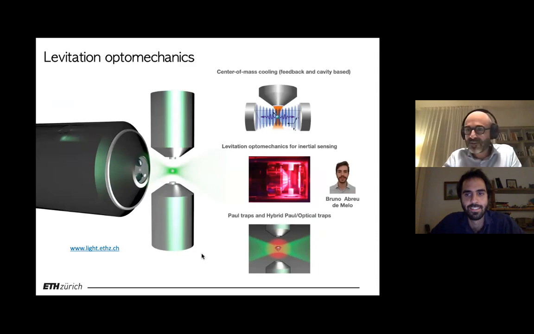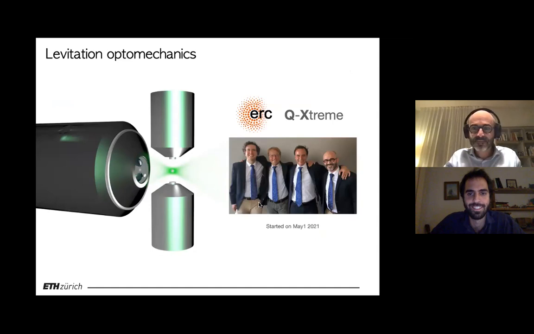He's doing a great job, I must say, and he's more specifically working on a levitation system for inertial sensing, an integrated version of it. He's well on his way to getting some very nice results.